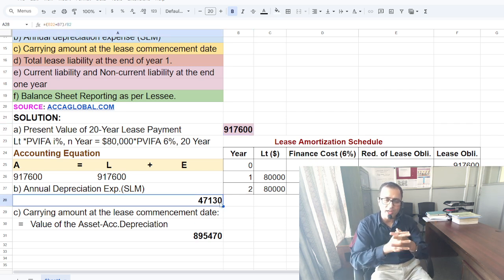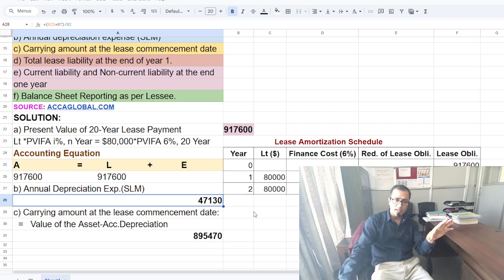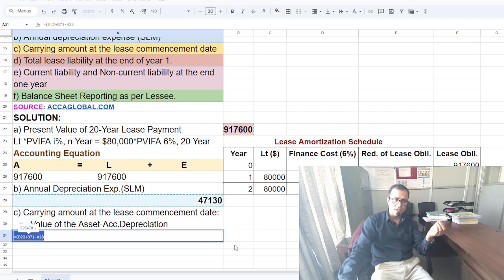So that will provide you the carrying amount, or the net asset value. Okay, but carrying amount is different, don't be confused here. Since the lessee spent 25,000, that is why your value would be this much.